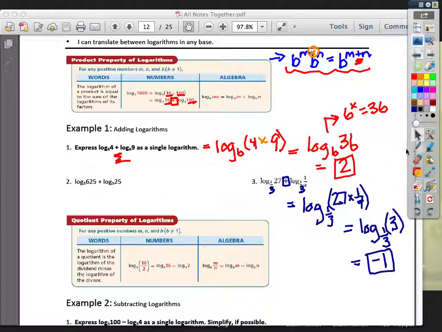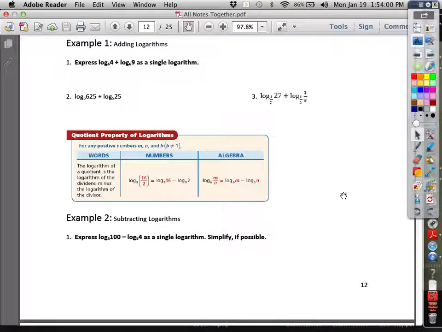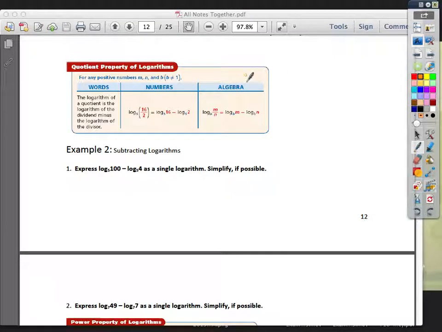You shouldn't be shocked to see on this same page directly below the quotient property of logarithms, because it takes this concept in terms of the division of logarithms. If multiplication was equivalent to addition, I wonder what the division is going to be equivalent to.